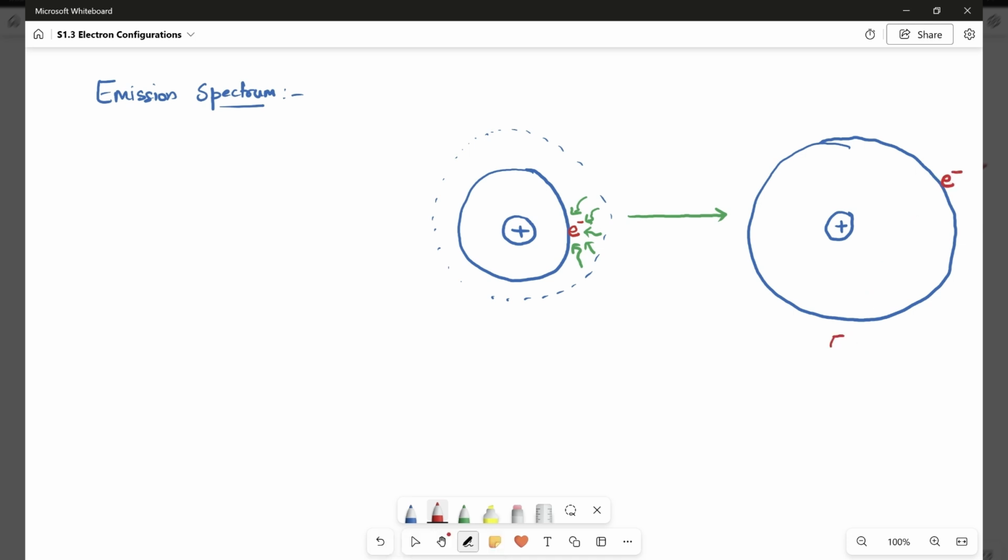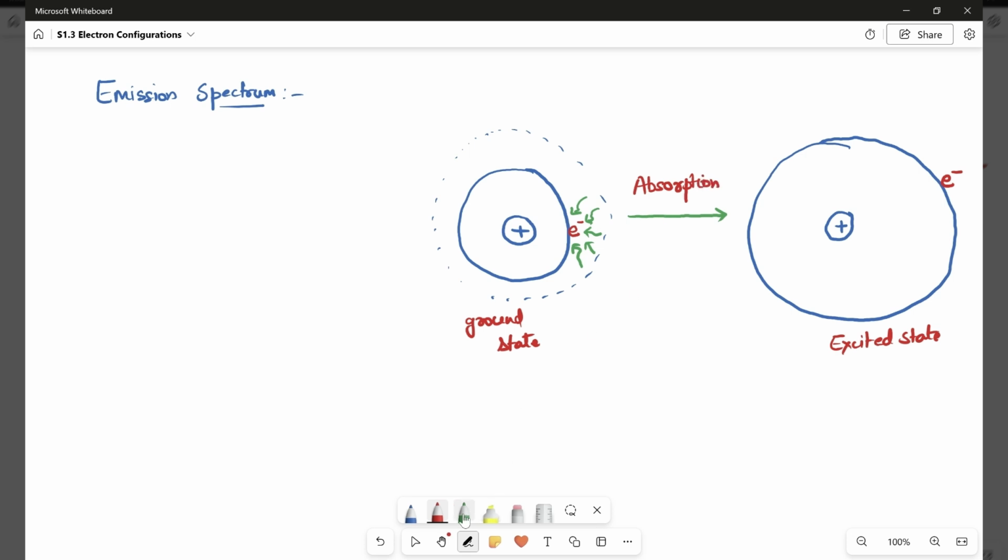This is called the excited state, and this is the ground state. When the electron absorbs energy and moves to the next level, that is the absorption spectrum. That's the absorption diagram.